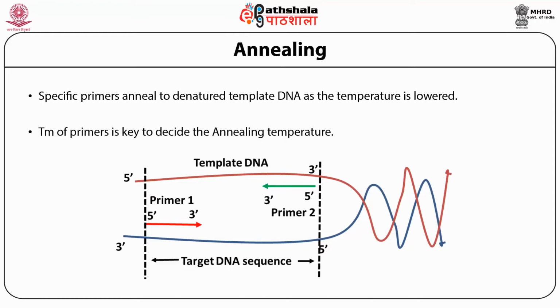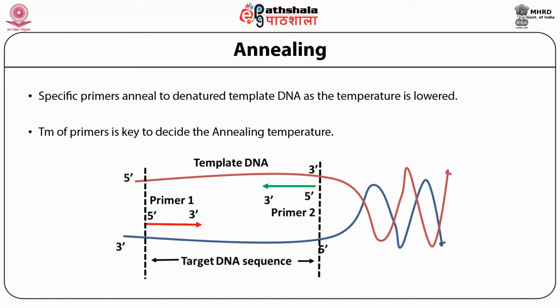In general, the annealing temperature is adjusted about 3 to 5 degrees below the melting temperature, that is the Tm, of the primers. Tm is the temperature at which 50% of the oligonucleotides and their perfect complement are in duplex. It is dependent on the length of the DNA molecule and its specific nucleotide sequence.